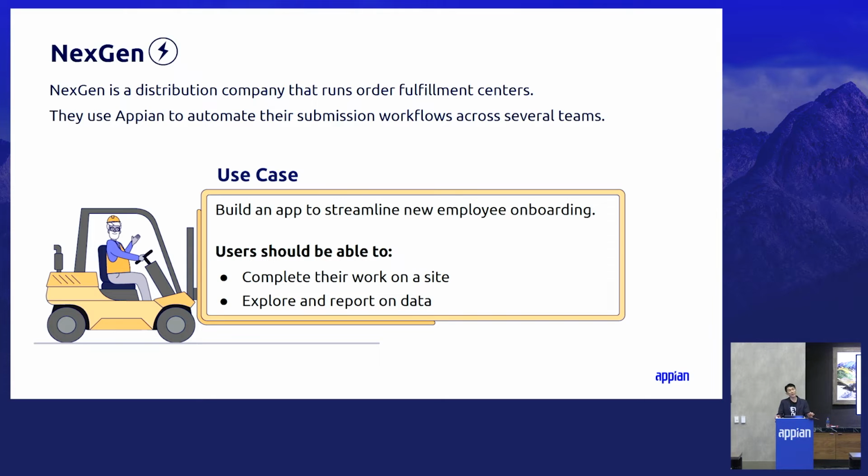Of course, they're going to be using Appian to automate their submission workflow across several teams. So our use case for today is that we are building an app to streamline new employee onboarding, and the user should be able to complete their work on the site and also explore and report on some data. This is what we're going to do for this afternoon.